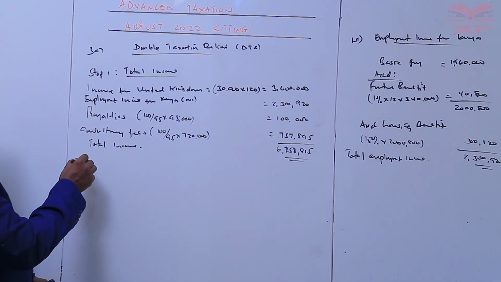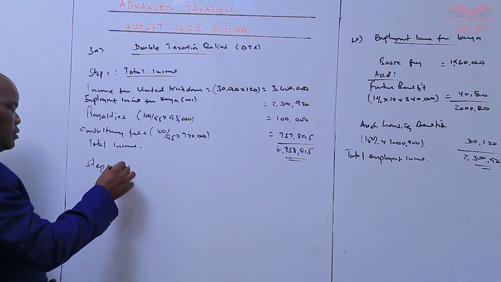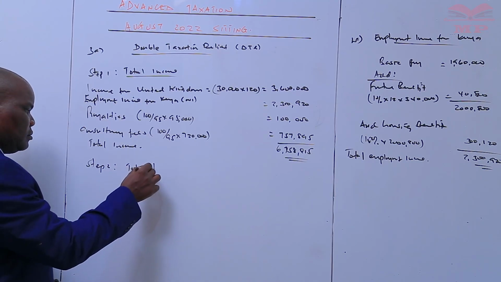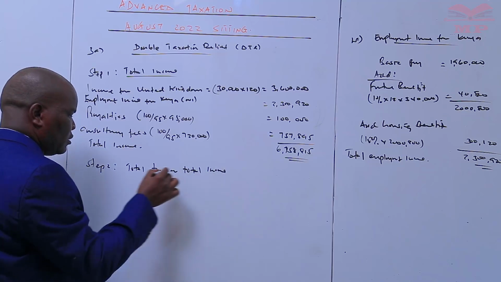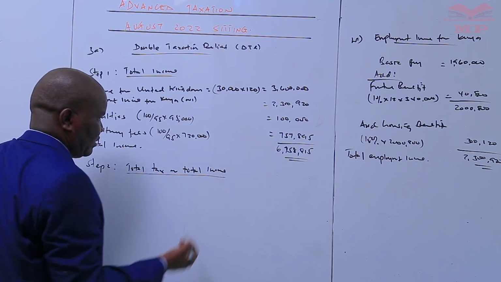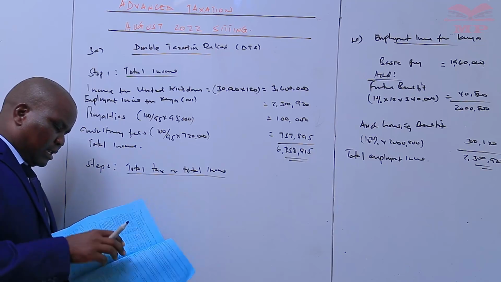So we write here, step 2, total tax on total income. So we tax this figure. We use the 2021 table. So turn to that table.